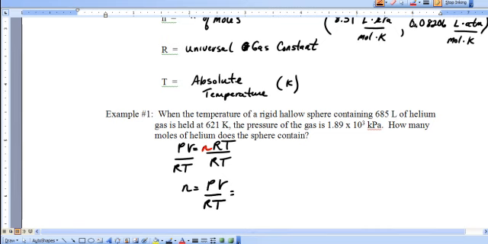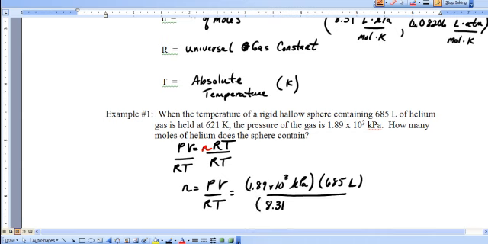So the pressure in this case is going to be 1.89 times 10 to the third kilopascals. The volume is going to be 685 liters. We'll go ahead and put the gas constant in here. R, in this case, because we're in kilopascals, is going to be 8.31. I'm going to put the units elsewhere in just a second.